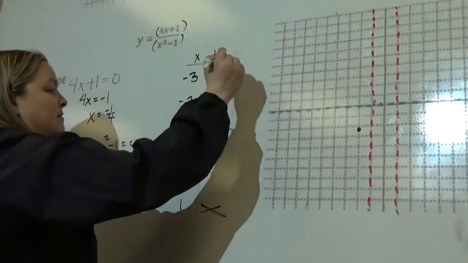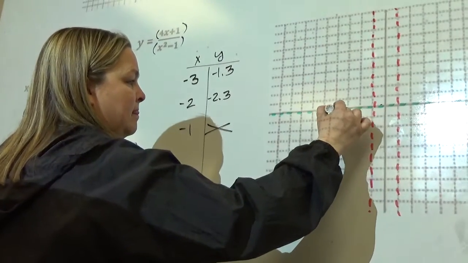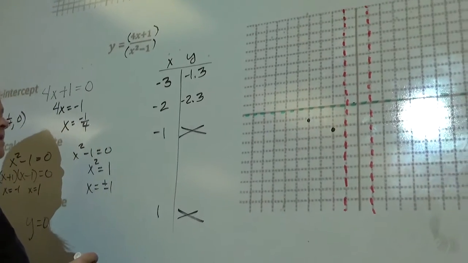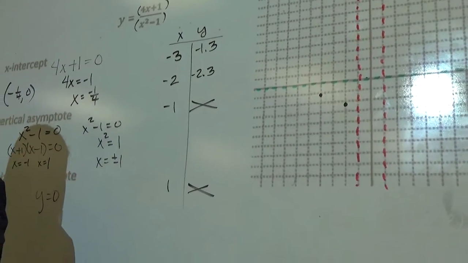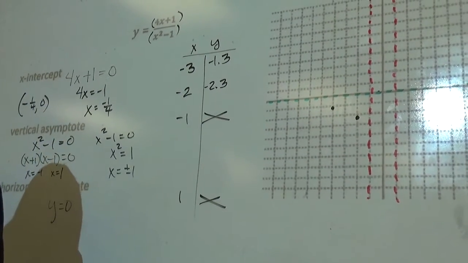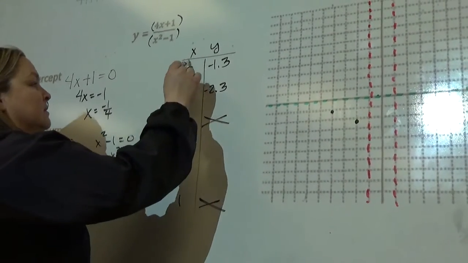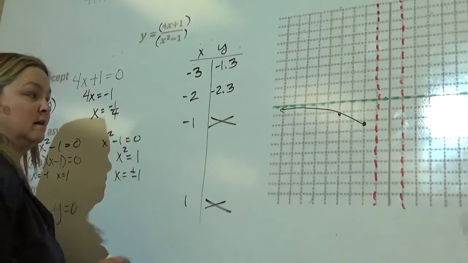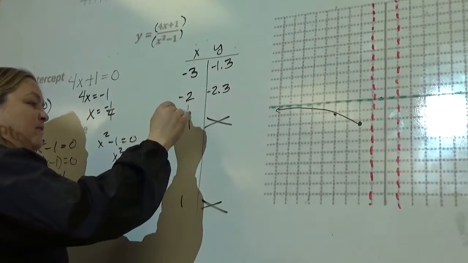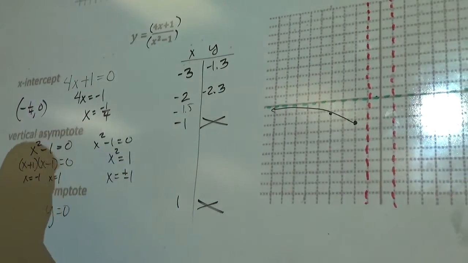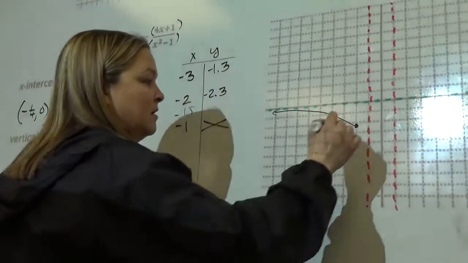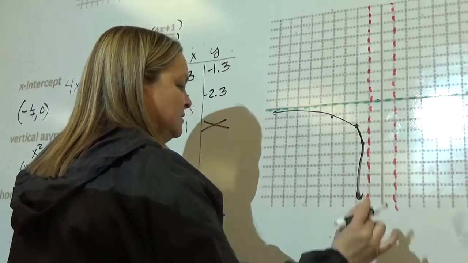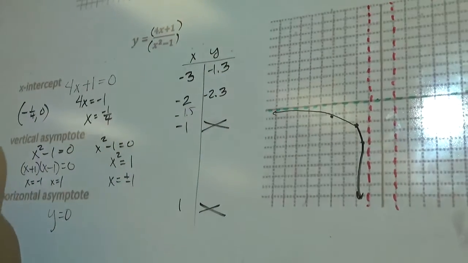Negative 1.3. What about negative 4? What was that? Negative 1. So it's getting smaller and smaller, isn't it? And going to where it almost touches that. What about negative 1.5? What was that? Negative 4? So that part looks like this.